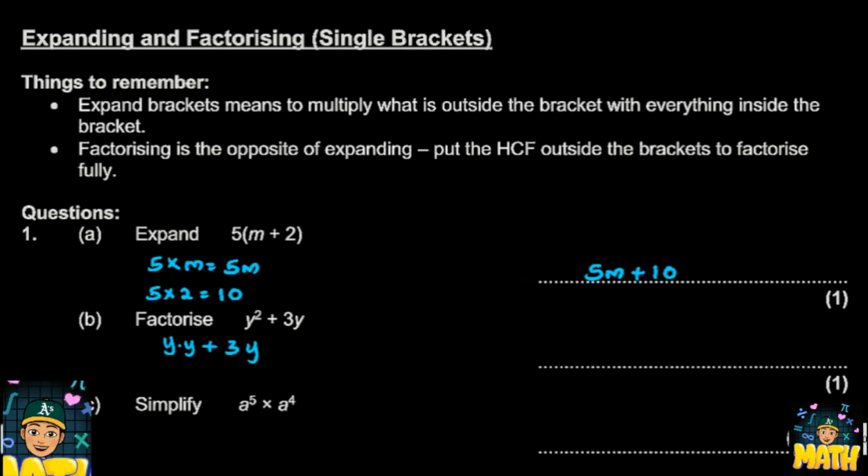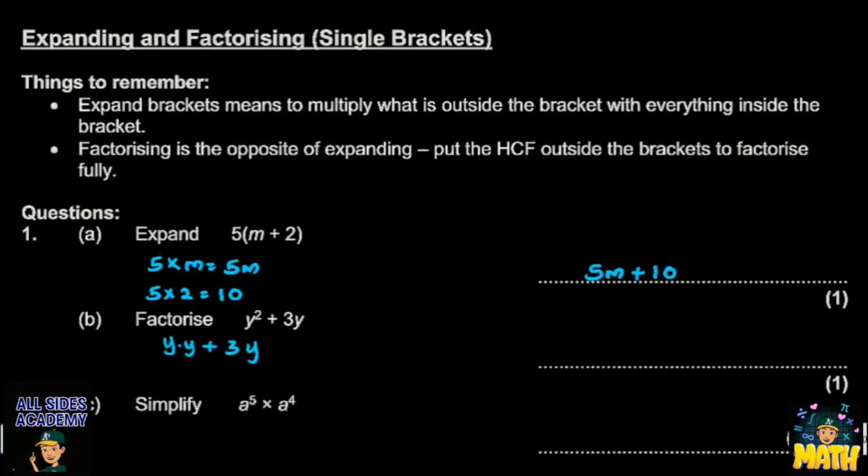factorize. So factorize means finding the common factor and then introducing a bracket. So it's the opposite of expanding. So this y squared is y times y, but in this case, I'm going to use a dot product so that I indicate that it is multiplied by itself, and then I identify what appears in the first term and in the second term.